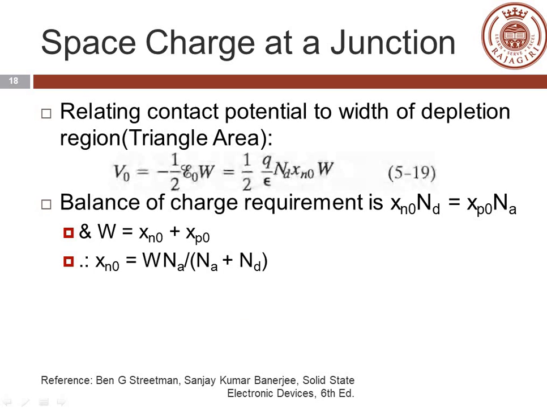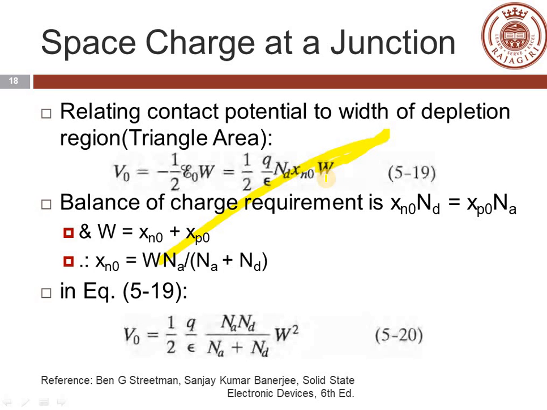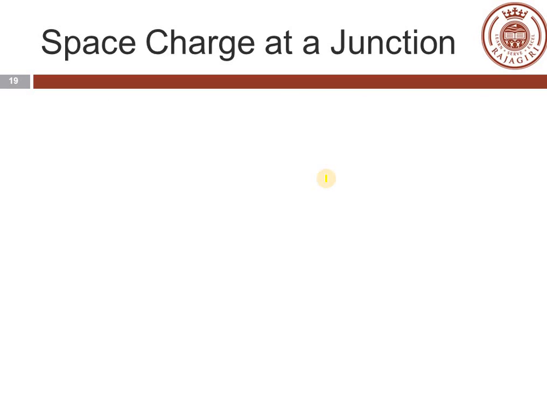Rearranging, we can write xn0 equal to W N_a/(N_a + N_d). Substituting into the previous equation 5.5, we get the contact potential V0 equal to 1/2 (q/epsilon) N_a N_d/(N_a + N_d) W squared.